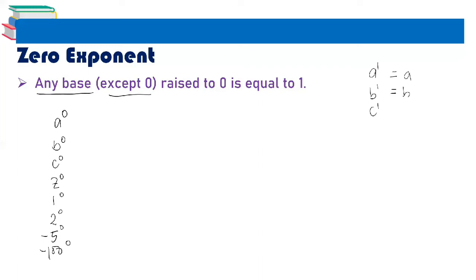C to the first power, the answer will always be the base, which is C. When we have the integers, 2 is equal to 2, dahil 2 to the first power is equal to 2. Then, negative 5 is equal to negative 5, dahil negative 5 to the first power is equal to negative 5.